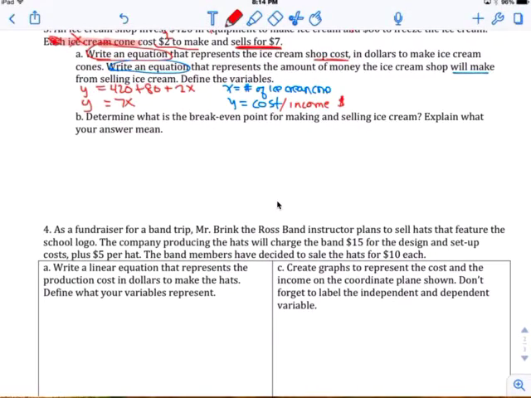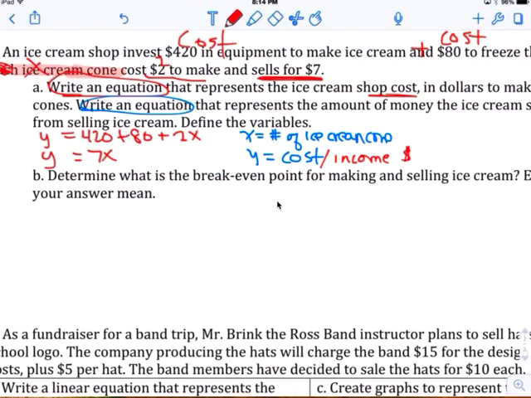Determine what is the break-even point for making and selling ice cream. Explain what your answer means. Okay, determine the break-even point. That means where they meet. So we're going to use substitution. We're going to make this equal to this. We first can simplify these two to make $500. So $500 plus 2x, we make that equal to this one, 7x.